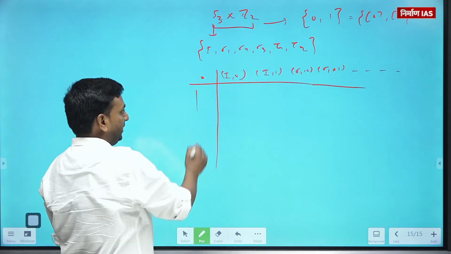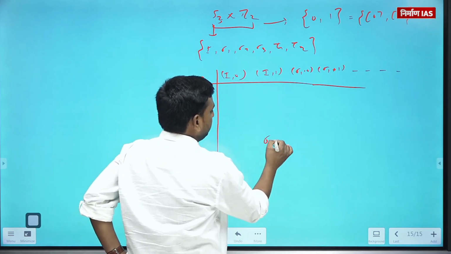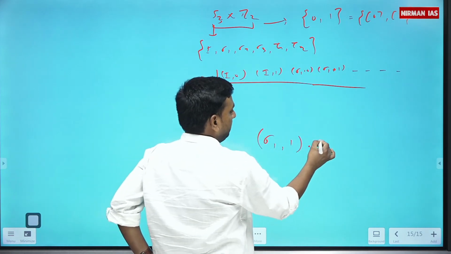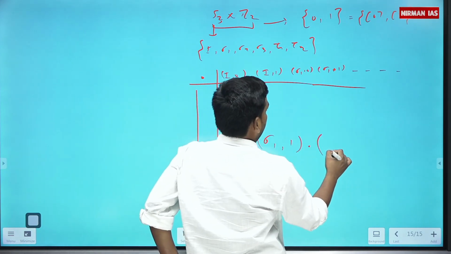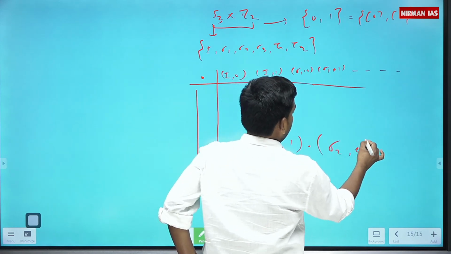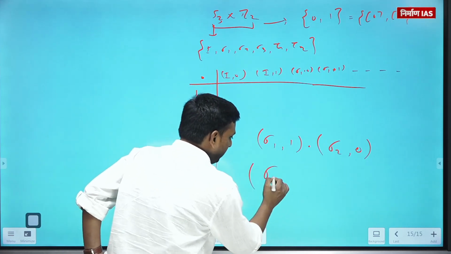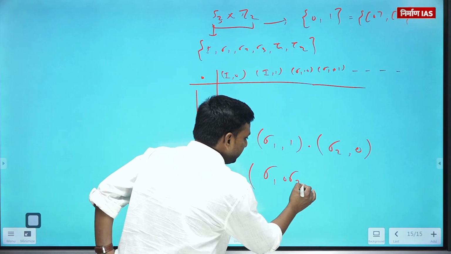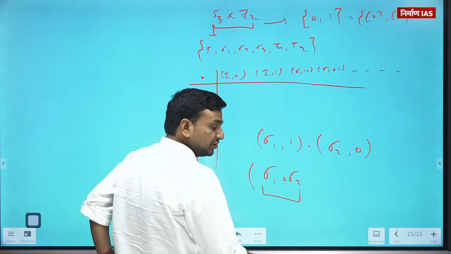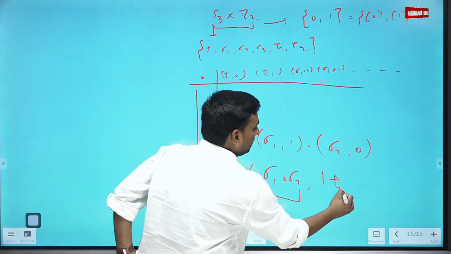I will write the elements here. I want to calculate, let's say, (sigma 1, 1) composition (sigma 2, 0). So as I told you, sigma 1 composition sigma 2 in the structure S3, we take composition.